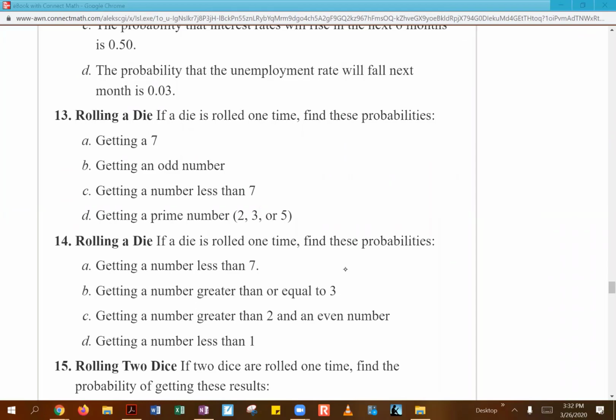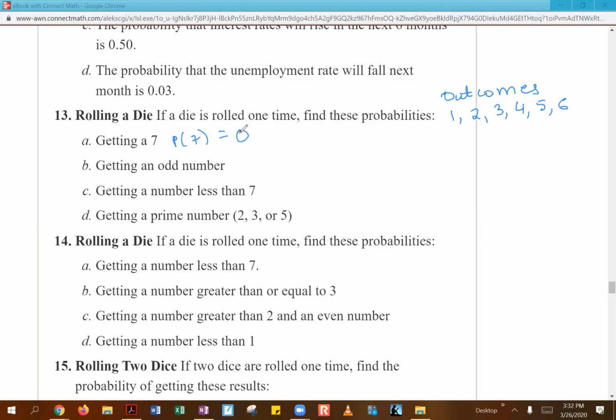So again, keep in mind, when you are rolling a die, your outcomes are going to be 1, 2, 3, 4, 5, and 6, right? So you can see none of these are going to have 7 as an answer, so we're not going to get a 7, which means the probability of getting a 7 is actually going to be 0, because we're not going to get a 7.